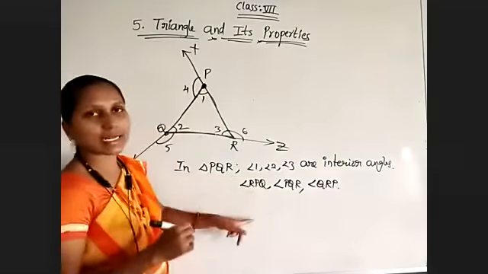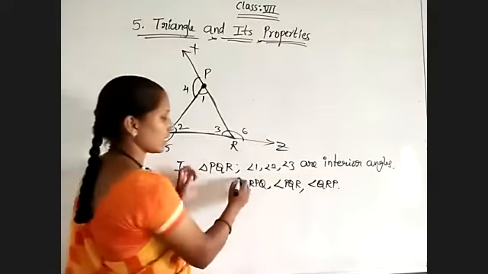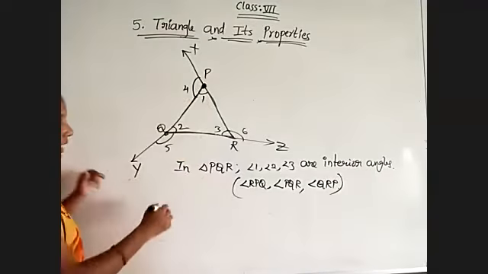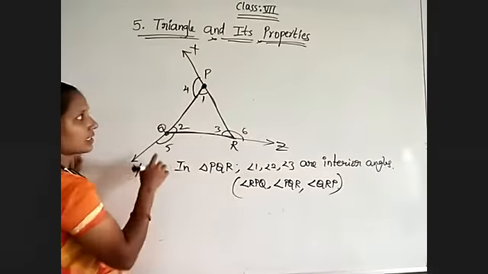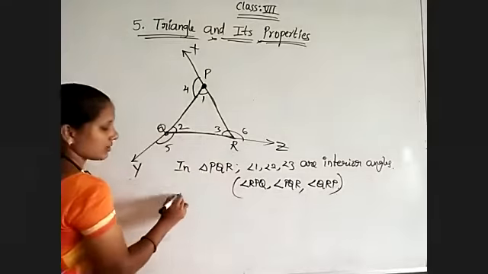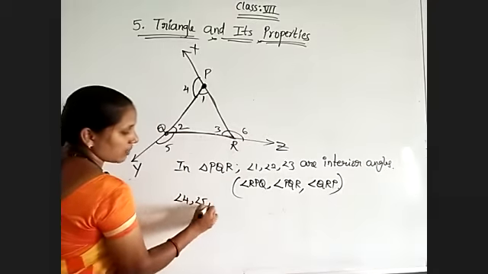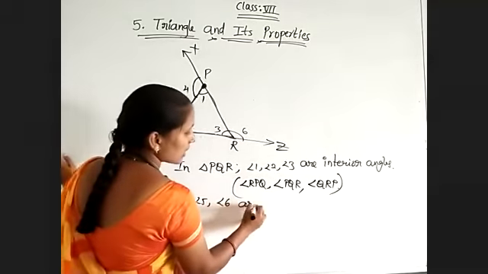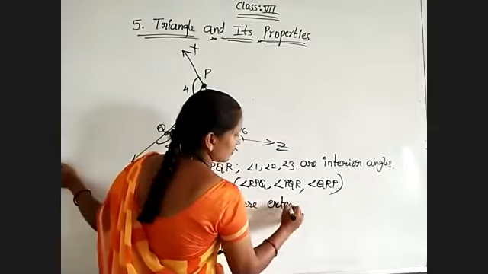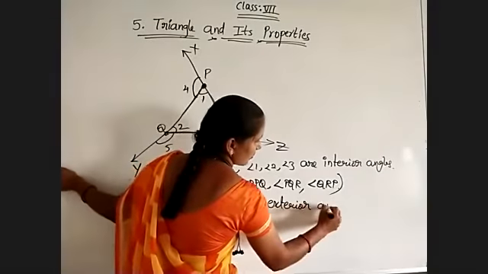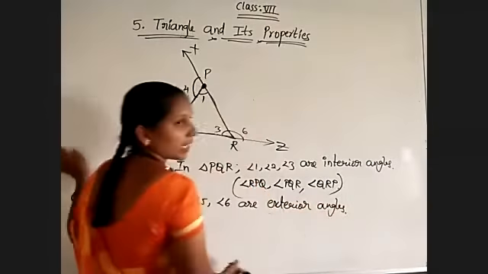These are the three interior angles, angle 1, angle 2, angle 3. And coming to the exterior angles, angle 4, angle 5, angle 6 are exterior angles. So how to name them?